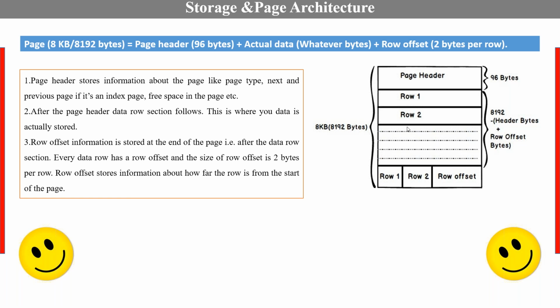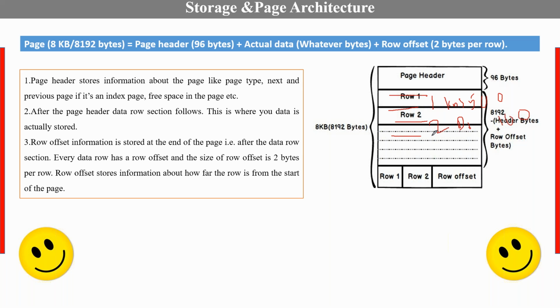Whatever you insert will be stored in the data rows, like 1 KMS 5000, 2 Divya 10,000. This is how you keep on storing the data in row data.